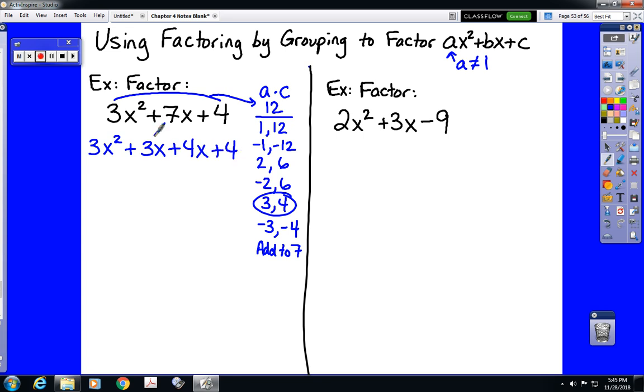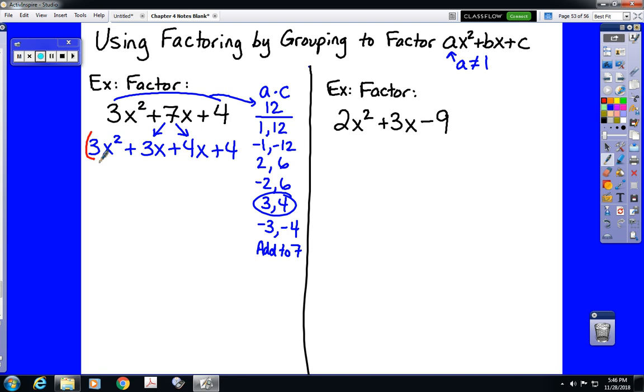Notice I broke it into a 3x and a 4x, which were the numbers we identified here. It does not matter if we write 3x or 4x first. When we factor by grouping, we should get the same answer either way.